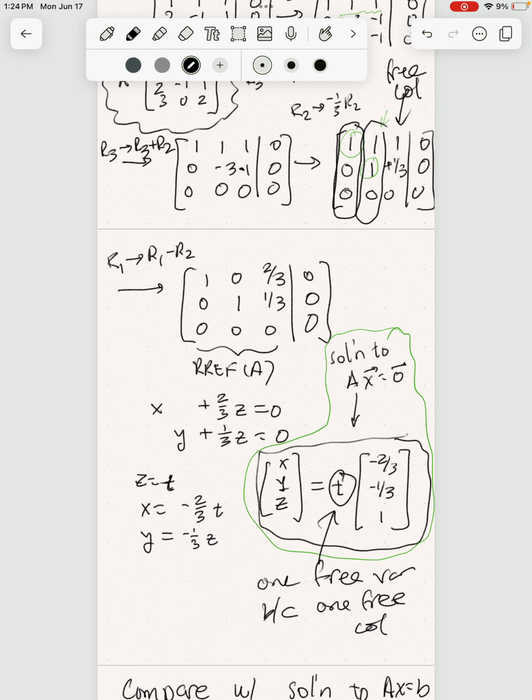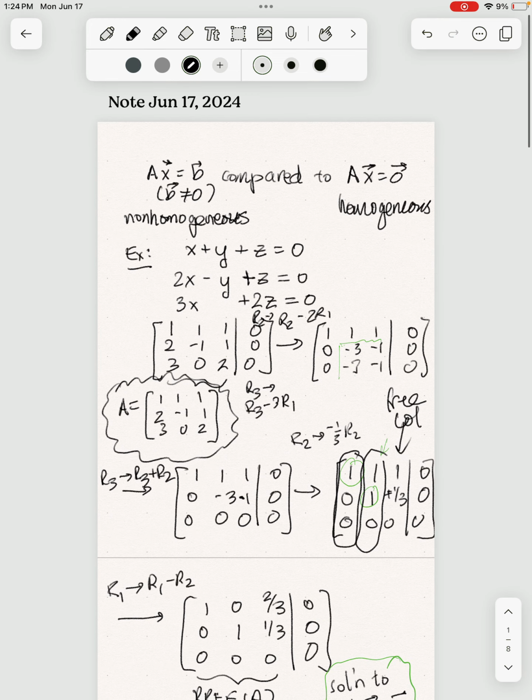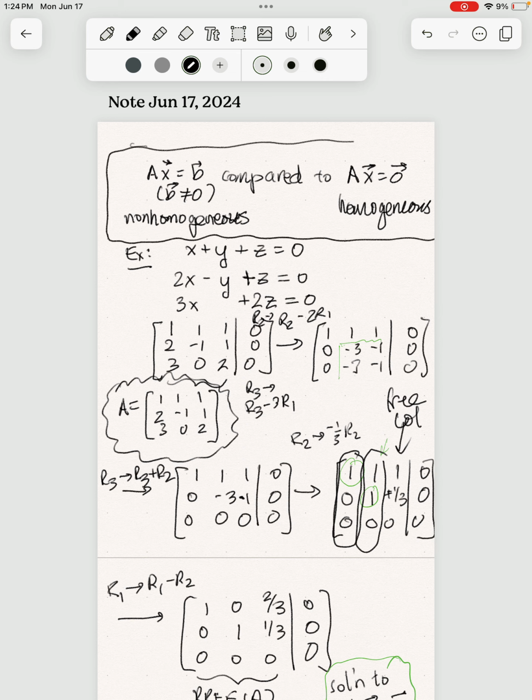Okay, that might be farther into the course, but that's just a preview of what's coming. So what are the main takeaways of this video? We were talking about Ax equals b for b not 0. That's a non-homogeneous equation. Ax equals 0 is a homogeneous equation.